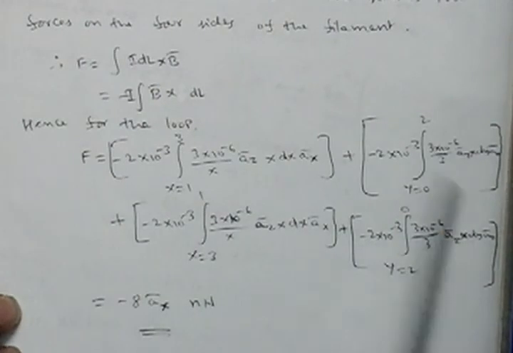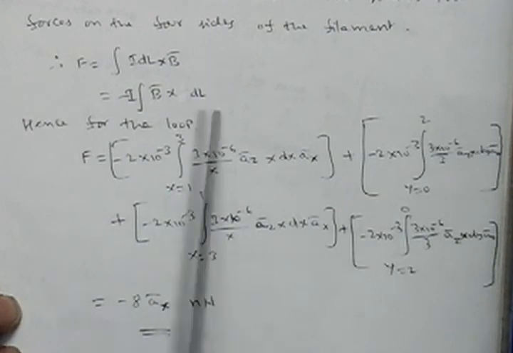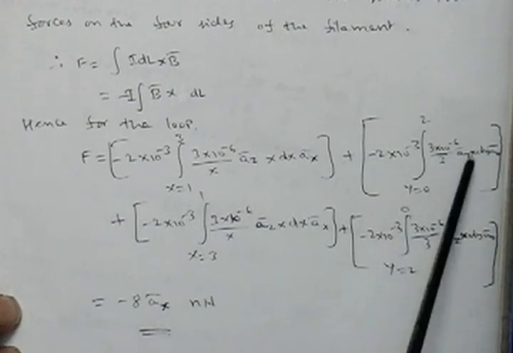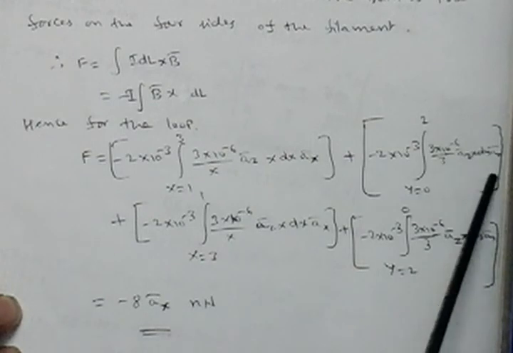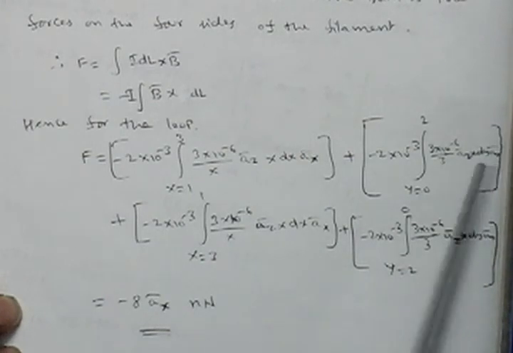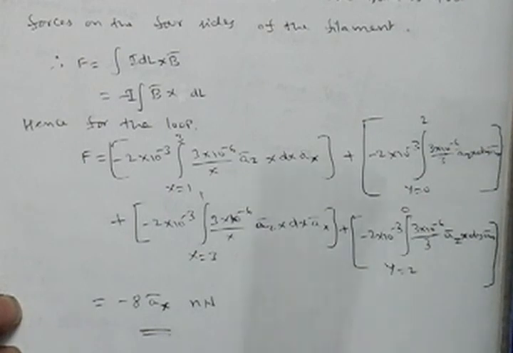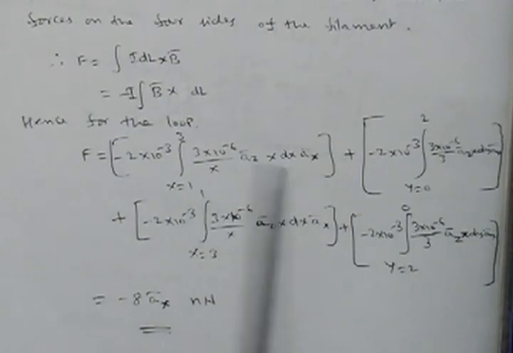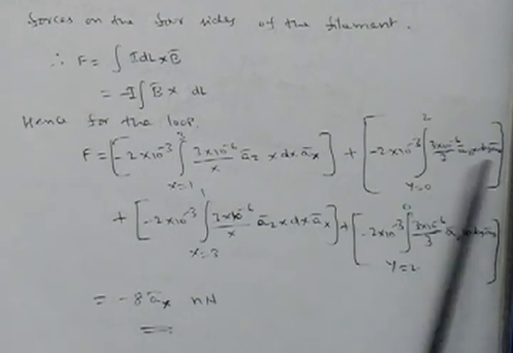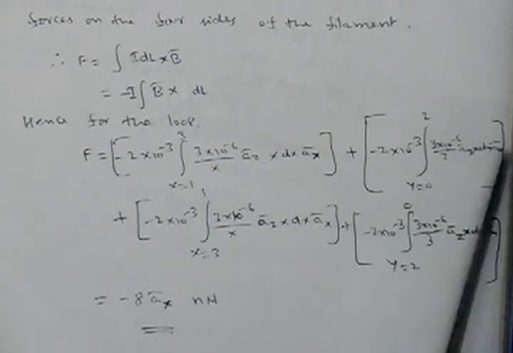Similarly for the second part, minus I integration B bar, which is the same for all these terms, cross dl. dl is along what direction? That we have considered the y direction. See here, the limits themselves tell along what direction: if it is x, it means the x direction, and if it is y, it means the y direction.